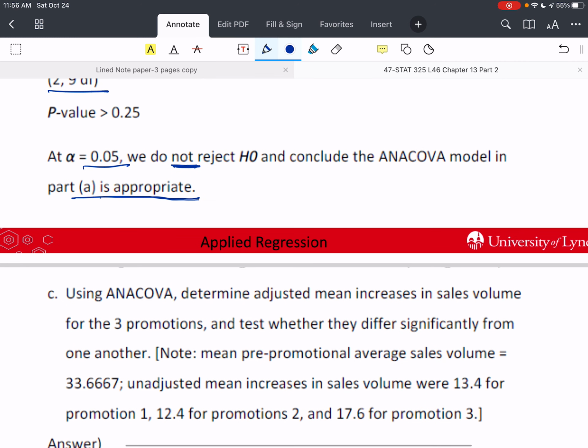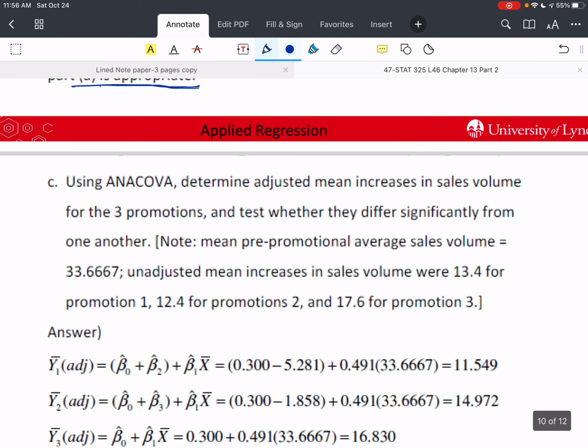terms. So we want to use ANACOVA to determine the adjusted mean increase in sales volume for the 3 promotions and test whether they differ significantly from one another. And it says, note, mean pre-promotional average sales volume equals this. And we calculated that. I showed you the calculation earlier.